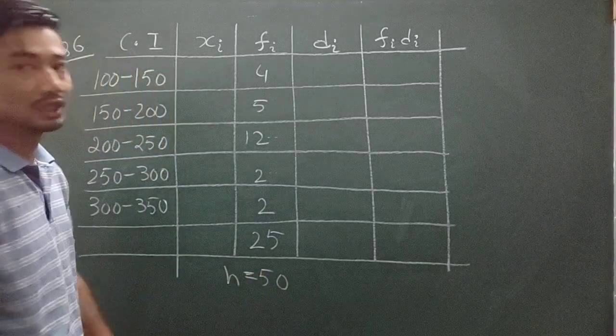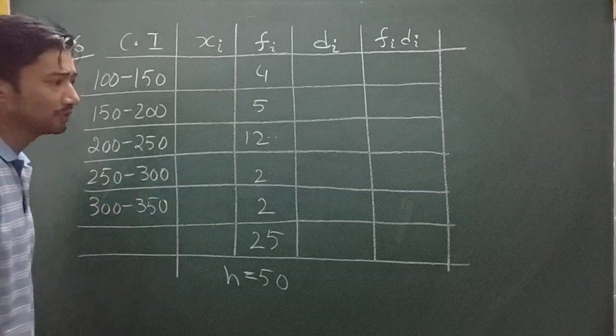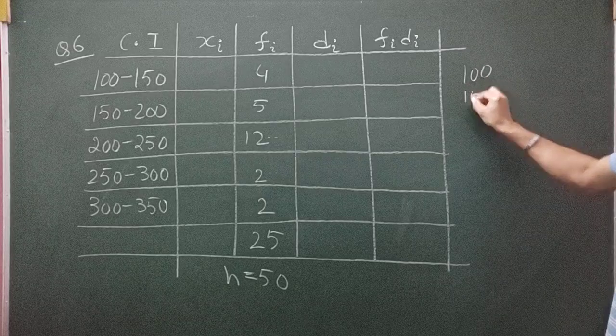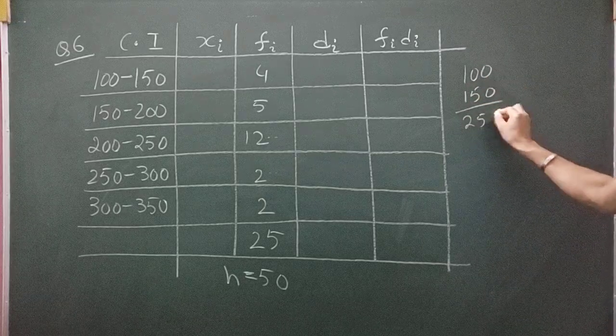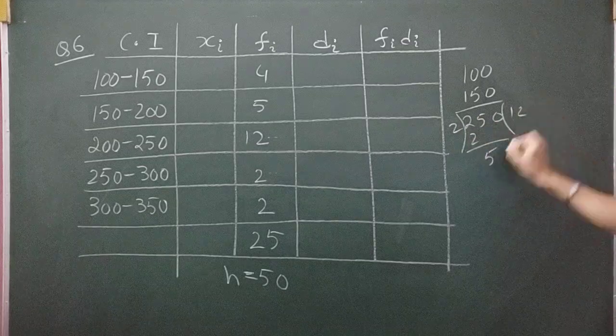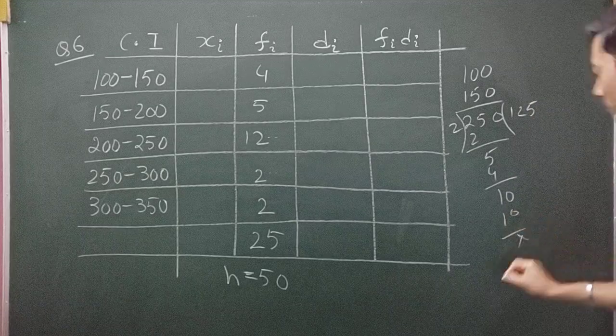So yes, we can use the tips that I gave you. Middle value, first one, if you wish, you can calculate and find out. That will be 100 plus 150, that is going to be 250. If we divide by 2, we get 125.